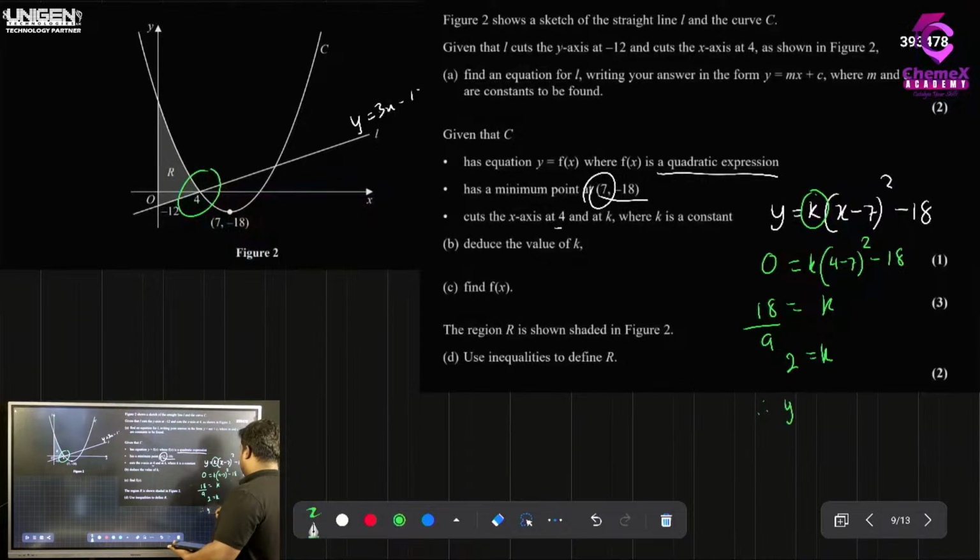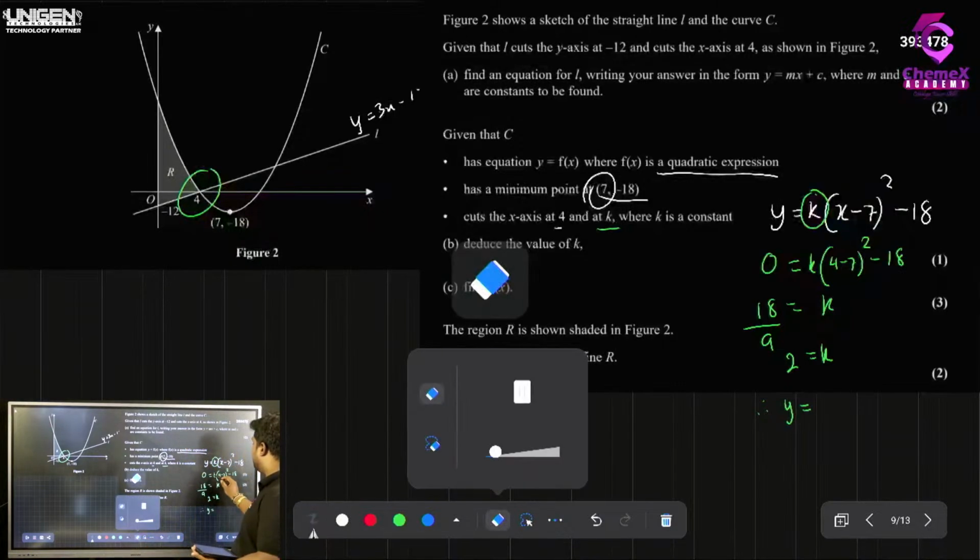Therefore, y equals what? What's the equation? K is 2 or 10? Oh no, k is the other place where it cuts. So the way I wrote is wrong. I had to put some other letter here.